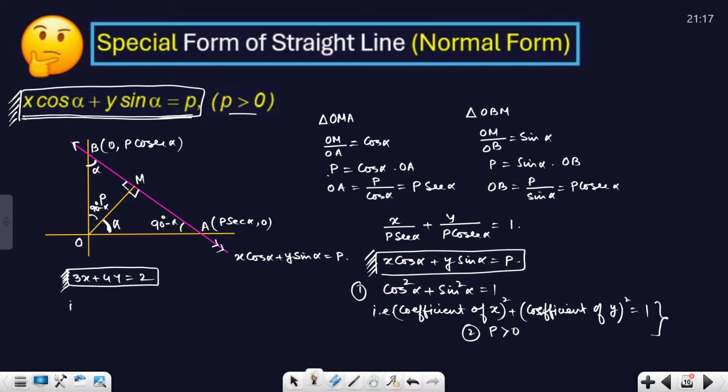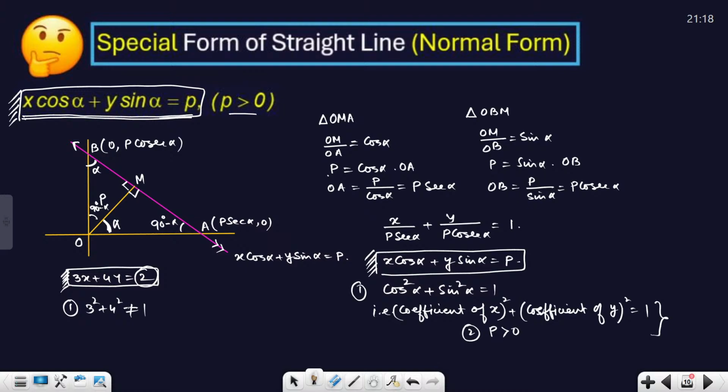Because the first condition does not satisfy. Though the second condition satisfies, your right hand side is greater than 0, that's okay. But 3 square plus 4 square is not coming to 1. That is, the square of the coefficient of x plus the square of the coefficient of y is not coming to 1. Hence, it is not a normal form.